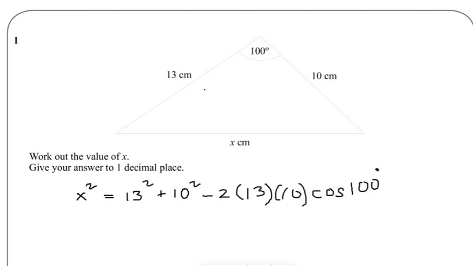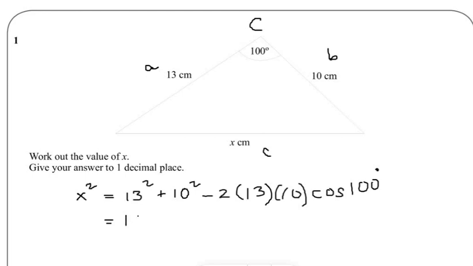All right, so what we have done here is we have assumed that this is a, this is b, and this side is c. So this angle, 100 degrees, is actually the angle C. So after we plug in the values into our cosine formula, the rest is very easy.